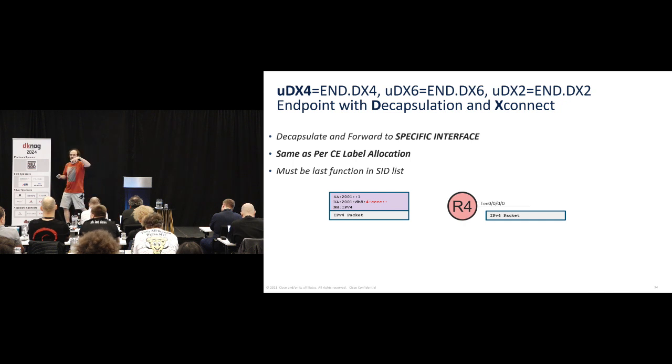It cannot be in the middle. If it's in the middle, we will discard it. We will always do the decapsulation of the inner packet. An inner packet can be an IPv4 packet, and in that case I will use the End.DX4 function, or it can be an IPv6 packet, in which case I will use the End.DX6 function, or it can be a layer 2 frame, and in that case I will use the End.DX2 function.